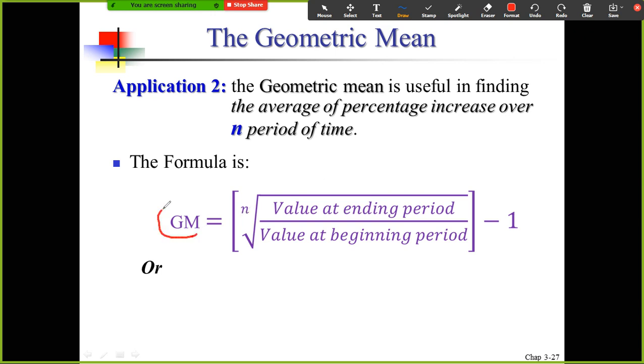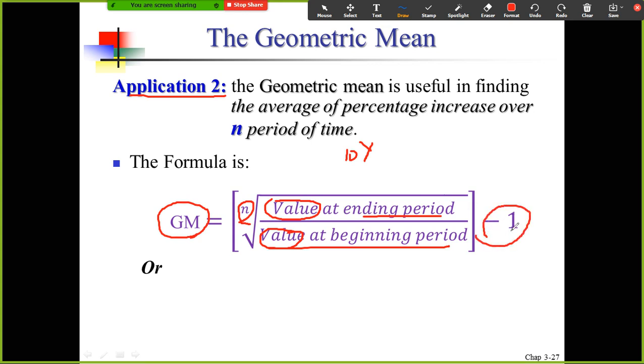So in order to find the geometric mean for application 2, you need to know the value of the ending period and the value of the beginning period. You need to take the value of the ending period divided by the value of the beginning period, and when you get it, you need to take the n root. If I say n equals 10 years, then this is the 10th root. After you calculate the 10th root, minus 1.